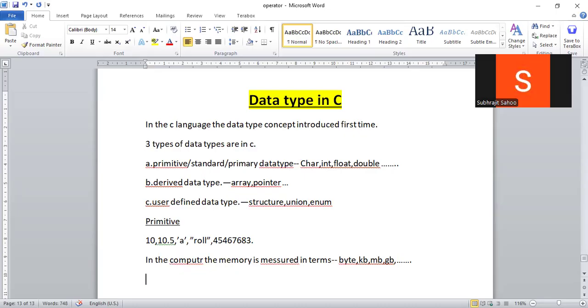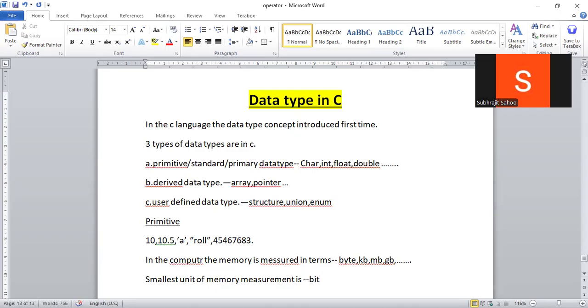The smallest unit of memory measurement is which one?